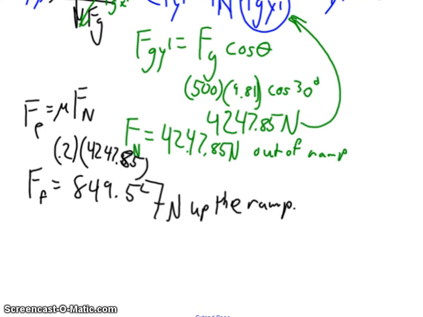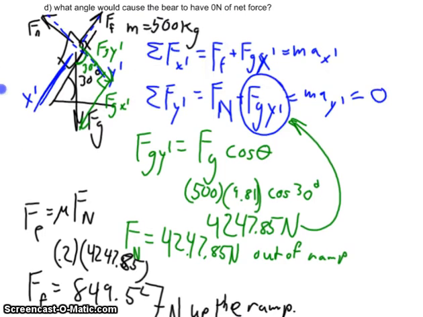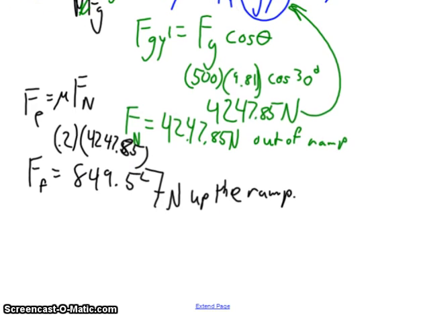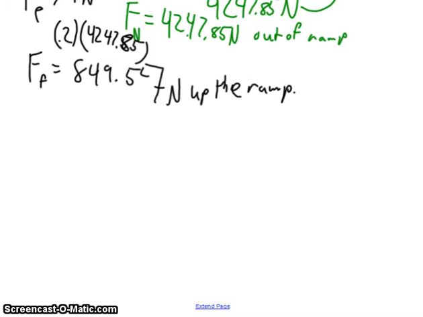Okay. Now we know the force of friction. All we need to do in order to find out what the net force is, and that would be in our x prime direction, our new x direction, all we have to do is just plug in, find out what the gravitational force is in our new horizontal direction, up and down the ramp.